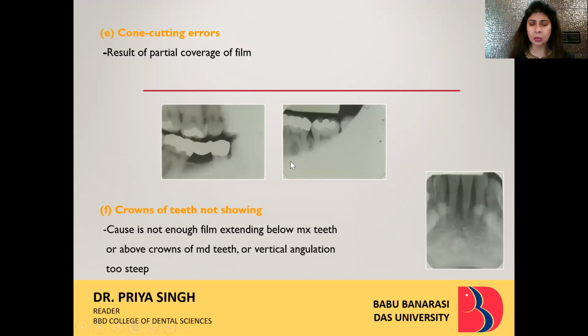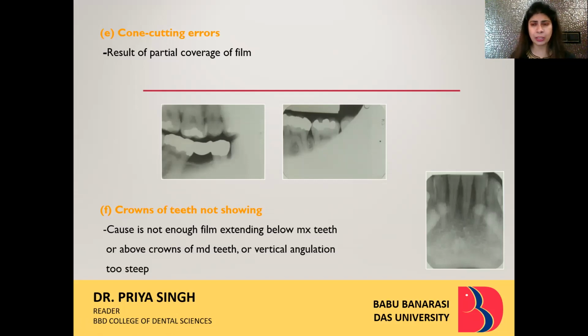That is why it is called cone cut, since the X-ray tube is in a cone shape; here this white region is the region where X-ray has not reached. So the placement of the X-ray tube head should be in the same line as the image receptor and your tooth or area of interest. Very important, otherwise it will lead to partial image formation.